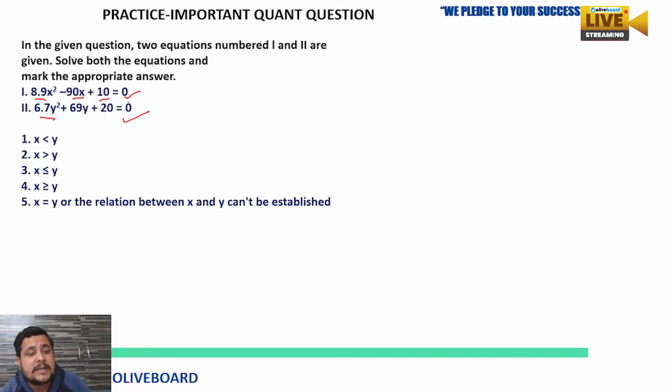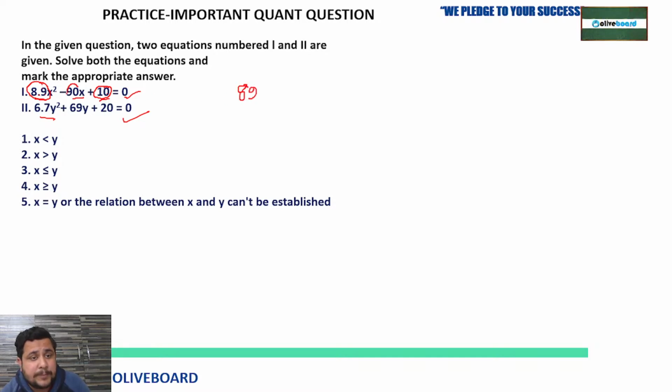Then how can we easily solve it? First of all, to solve a quadratic equation, just take the product of a and c. The value of a is the coefficient with x square, that is 8.9, and c is the constant, that is 10. So 10 multiplied by 8.9 means 89.